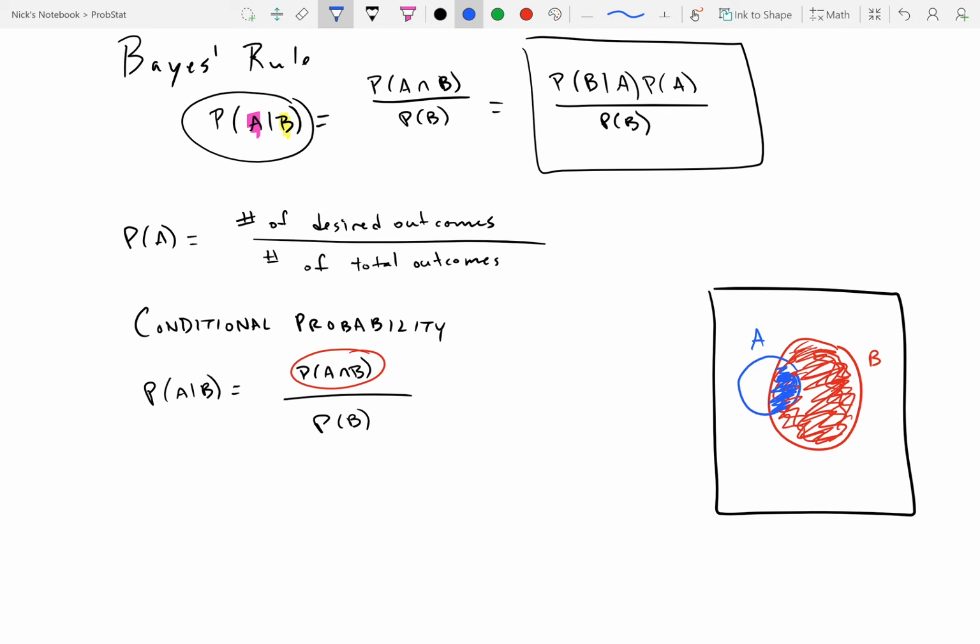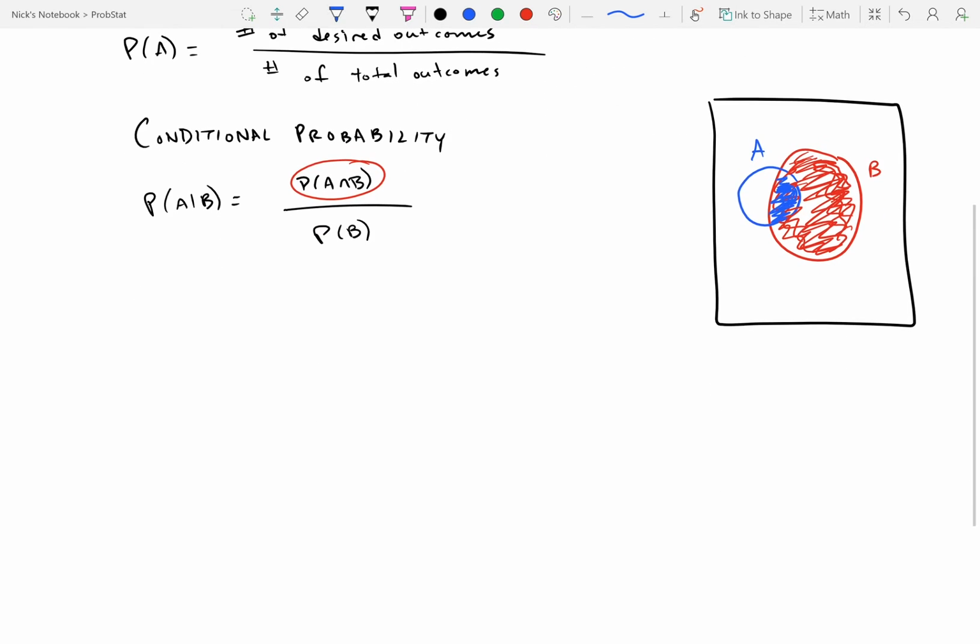And so if I zoom in on this, we have that right there and the intersection right there. That's what we're focused on. So we have a part over a whole: the part right here over the whole right here.